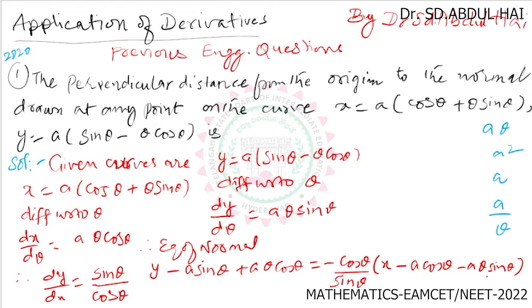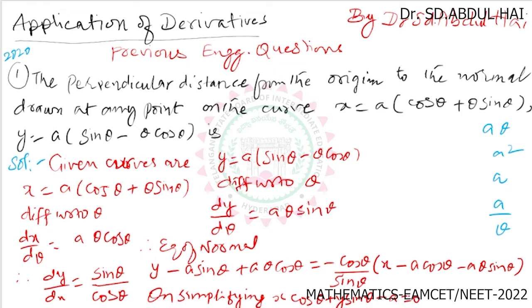So if I do the cross multiplication and simplify, on simplifying you may get this equation in the form x cos theta plus y sin theta minus a is equal to 0.